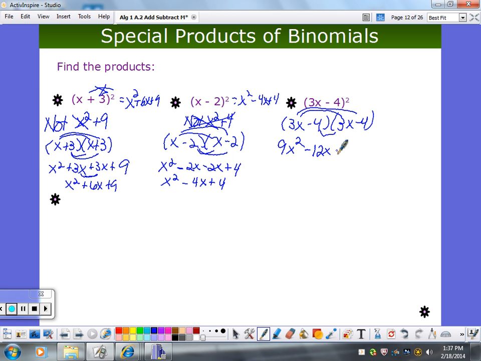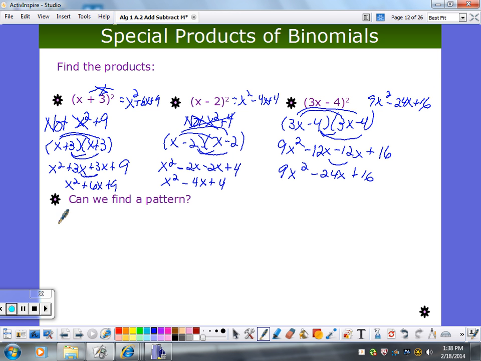Negative 4 times 3x. Negative 4 times negative 4. Plus 16. I've got my OI here combined. 9x squared minus 24x plus 16.